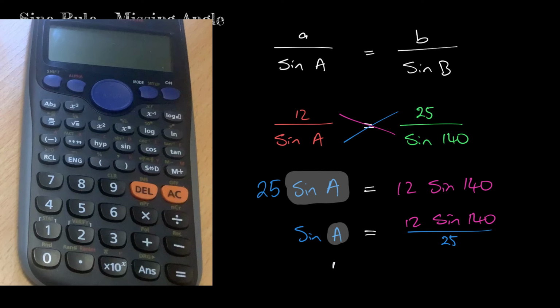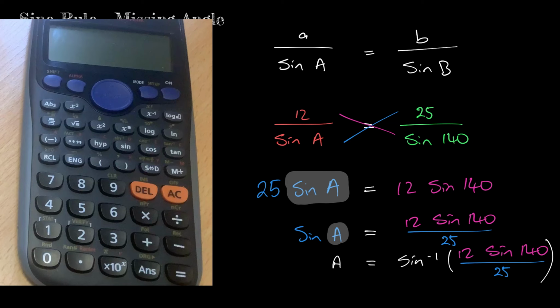So to get A by itself, I need to get the sine inverse of all of this. Okay, just going to put that back into brackets so we can see that's back in brackets there.